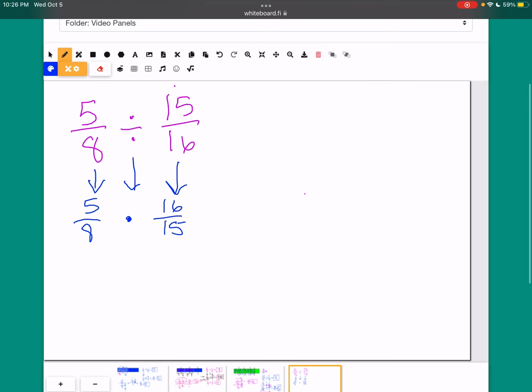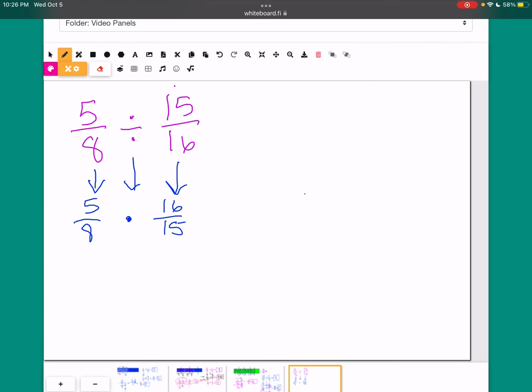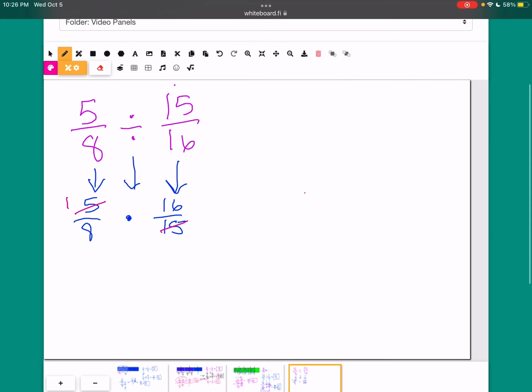And you know what? This is a very clean little problem, because I see a lot of ways I can simplify, and I'm going to do that right now. I'm going to change pens here so you can see what I'm doing. 5 goes into itself once, it goes into 15 3 times. 8 goes into itself once, and it goes into 16 twice. And so the new problem is 1 times 2, which is 2, and 1 times 3, which is 3.